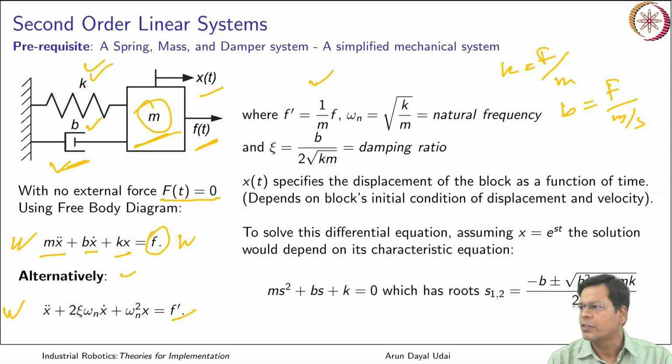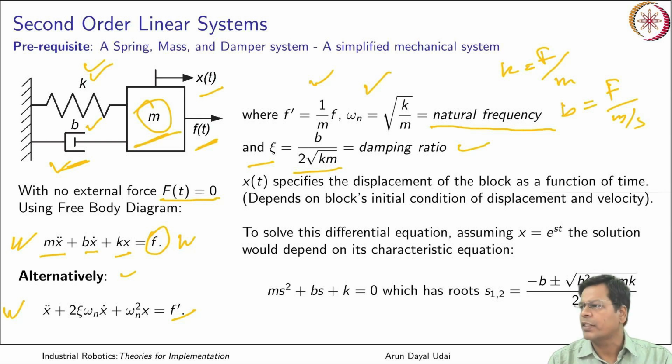It is proportional to f, so whatever is the behavior of f that is fed as an input, f dash also goes in a similar way. Omega n is the square root of k by m, known as the natural frequency of the system. Xi is given by b by root over km, that is the damping ratio.